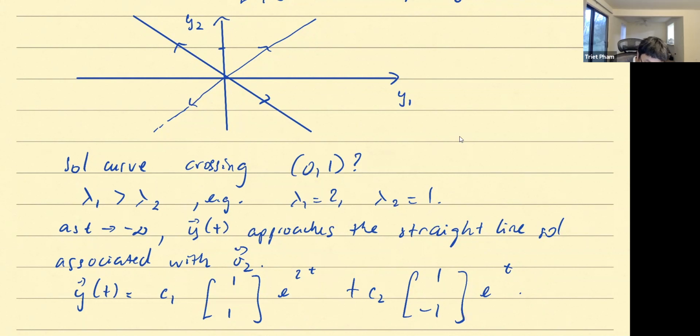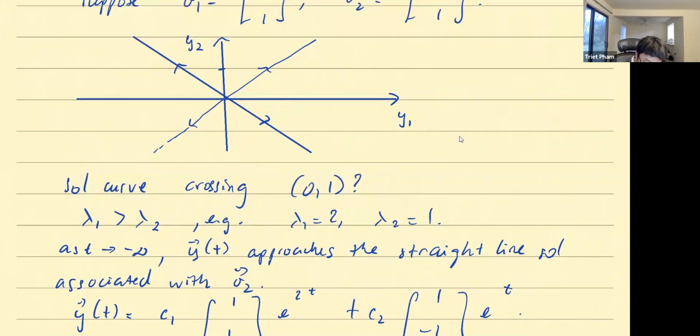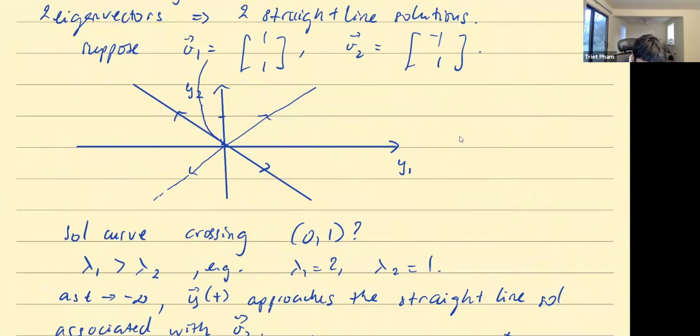In that sense, the solution will be close to the v2 direction when you come from minus infinity. And then it will go out. So it starts from here and then goes out. I want to say it goes out like this. That's one solution. Now I wonder how you would draw a solution that goes through this point.